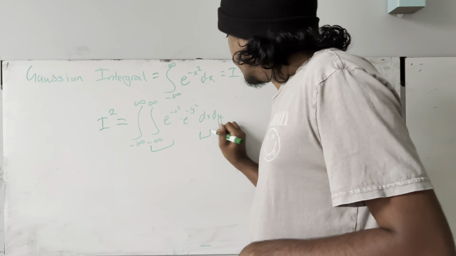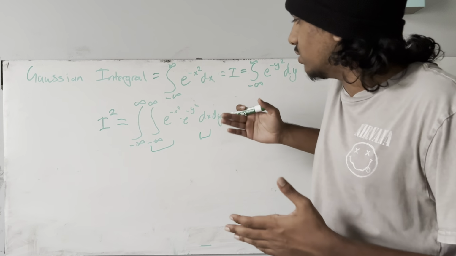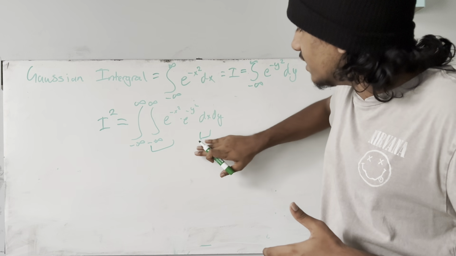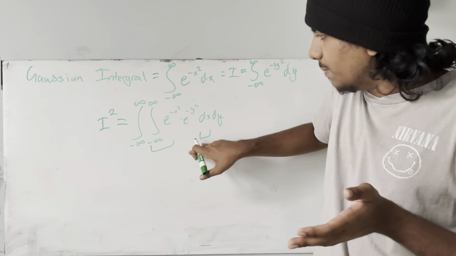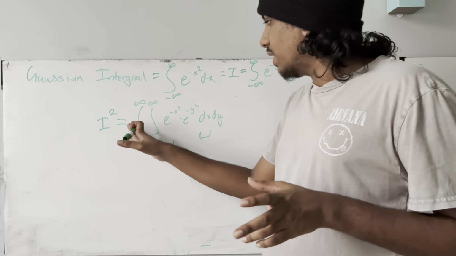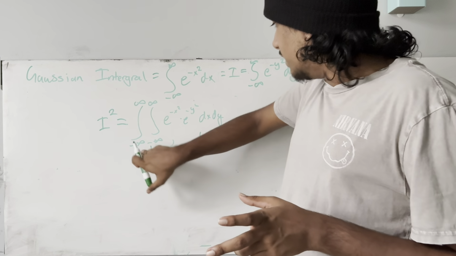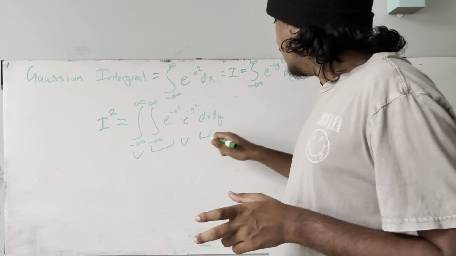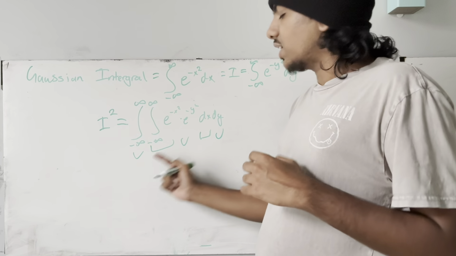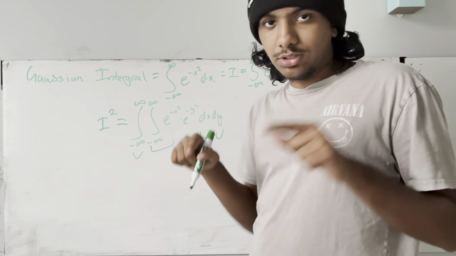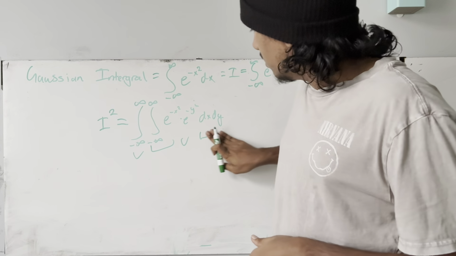This is a constant, so this will not change. But if you integrate this by using some magic method that's not known to mankind yet, you'll get I, but then I is a constant, so you can pull that out to the outside, and you'll be left with this, and that also integrates to I, so that's I squared, because I is on the outside too, so I times I is I squared. This works.